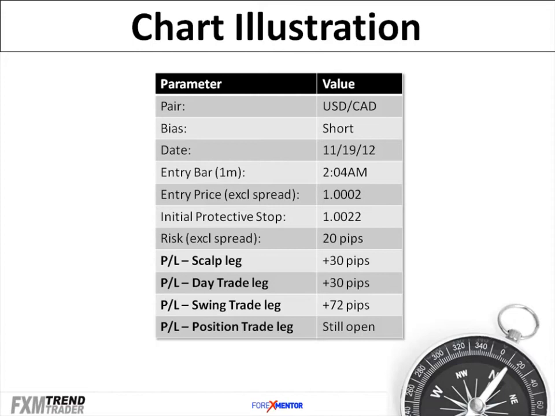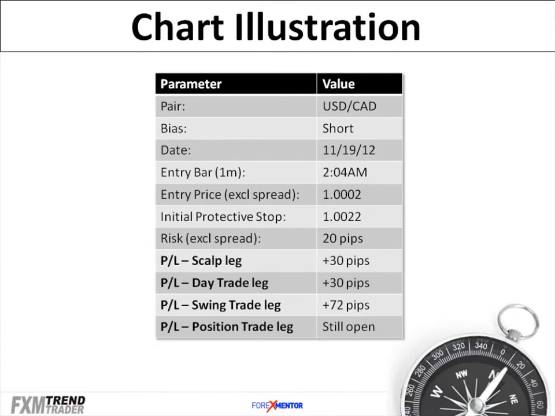Now, our system defaults to a 4-lot scaling out methodology, where you first of all calculate your prudent total position sizing, then split that down into 4 equal sized lots, and then the EA, for example, looks for profit first at a so-called scalp target. It's actually more like a small day trade target. It looks for 30 pips profit. That's the benchmark to make the trade risk-free.